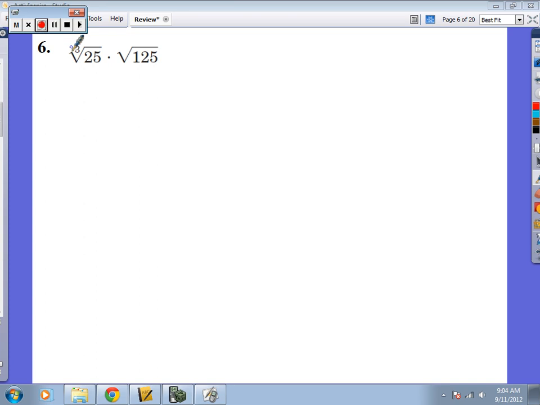So, to start out, I just converted them into not radicals. So that's 5 to the second, and that one's 5 to the third. So when you convert it over, it turns it to 5 to the 2 over 3 times 5 to the 3 over 2.